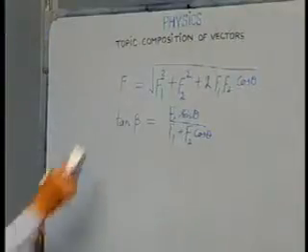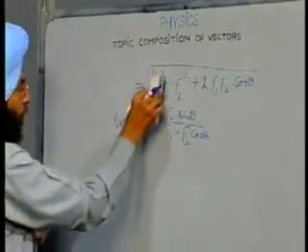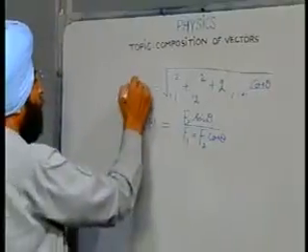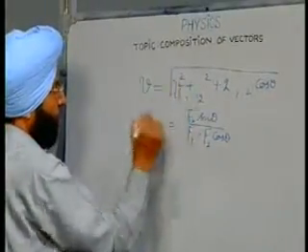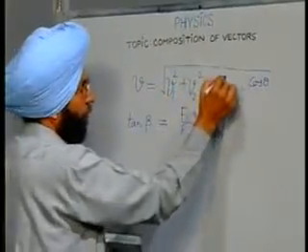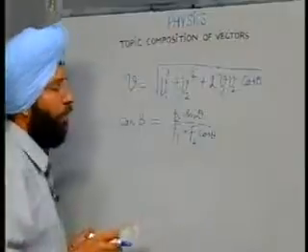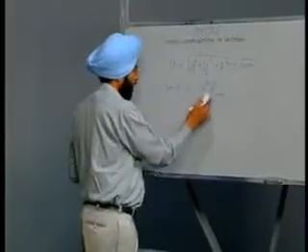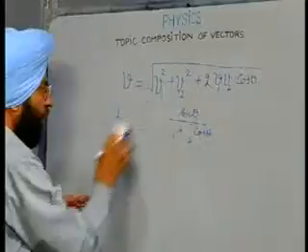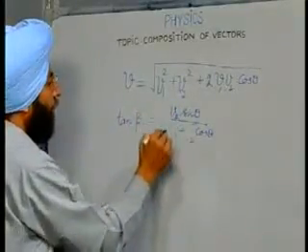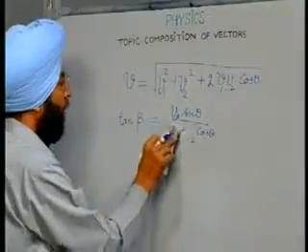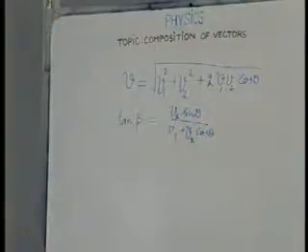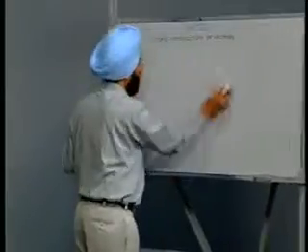Now, if we have two velocities, we will write the formula V is equal to the square root of V1 square plus V2 square plus 2 V1 V2 cos of the angle between the two velocities, and the direction is given by tan alpha equals V2 sin theta over V1 plus V2 cos theta. So, this will give us the resultant of the two velocities.